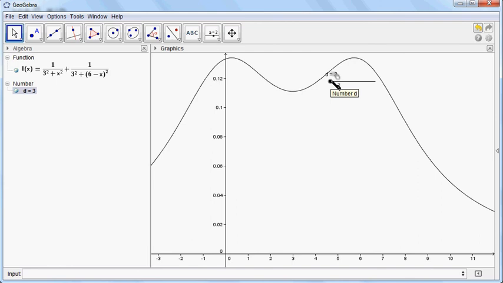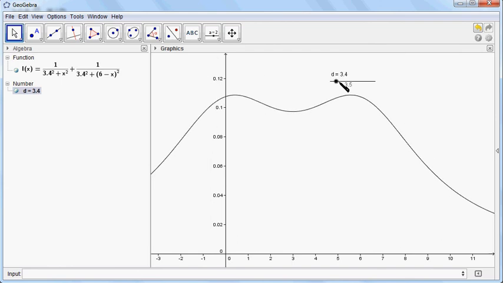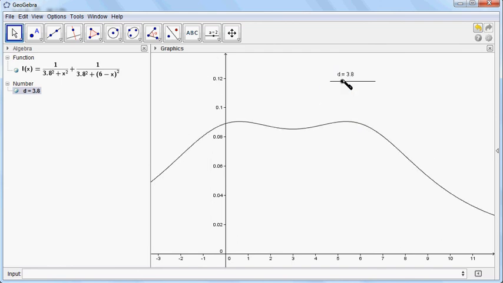Then as it goes along, as d increases, you can see that here is x equals 0, and here is x equals 6. Maybe you will find those values. Say I0 is equal to I of 0.